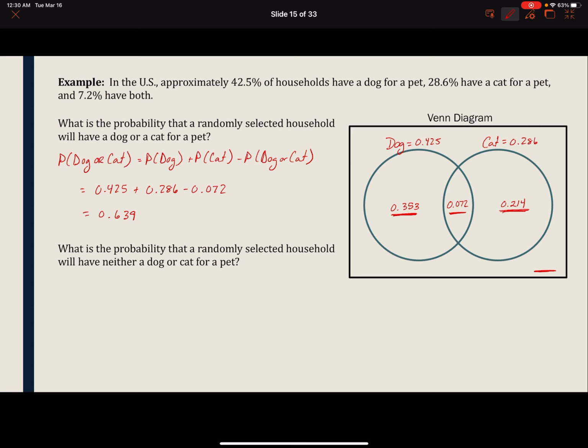Since the or problem is these 3 events added together, the probability that a randomly selected household will have neither a dog nor a cat will be the complement of this. So the probability they will have neither a dog nor a cat is going to be 1 minus this 0.639, and it will be 0.361.